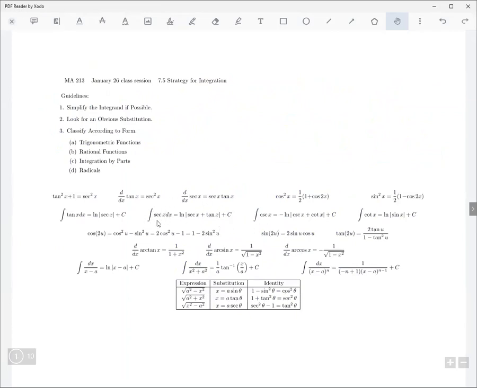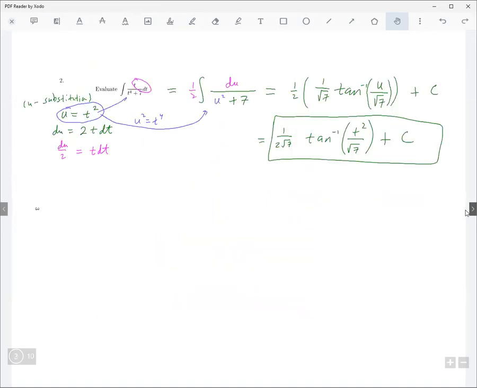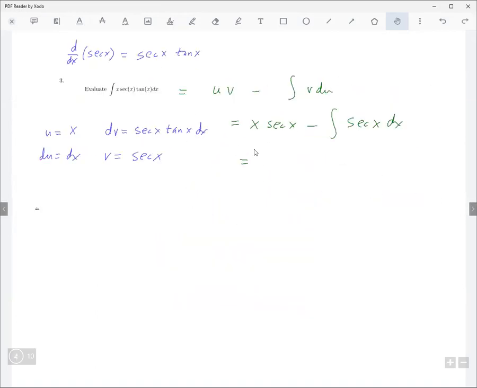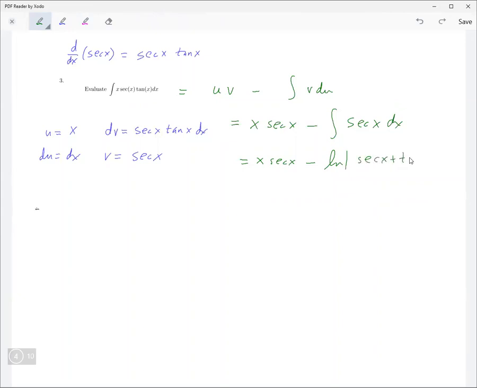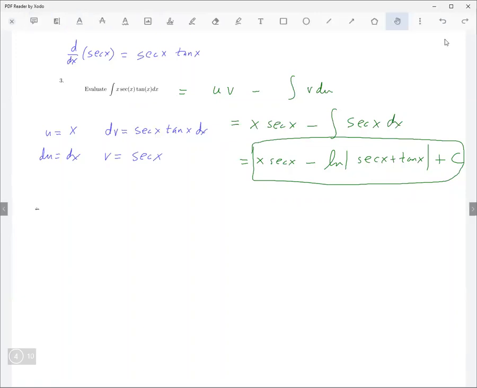So just use that formula to finish off the problem. So the integral of secant x is natural logarithm of the absolute value of secant x plus tangent x. And then, of course, put a constant on the end. Okay, so that's number 3.